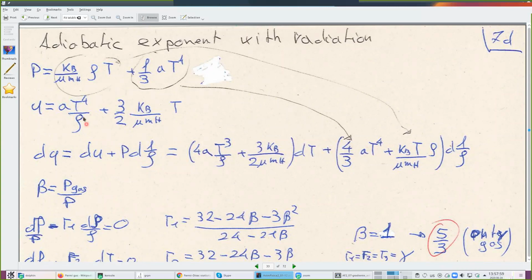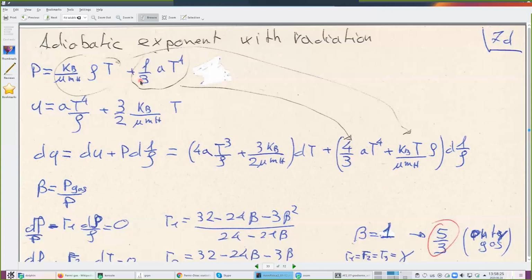The dU has both values, temperature and density, while for the pressure, for the radiation and the gas, it is just the temperature, and here you have P times this, so you just multiply.